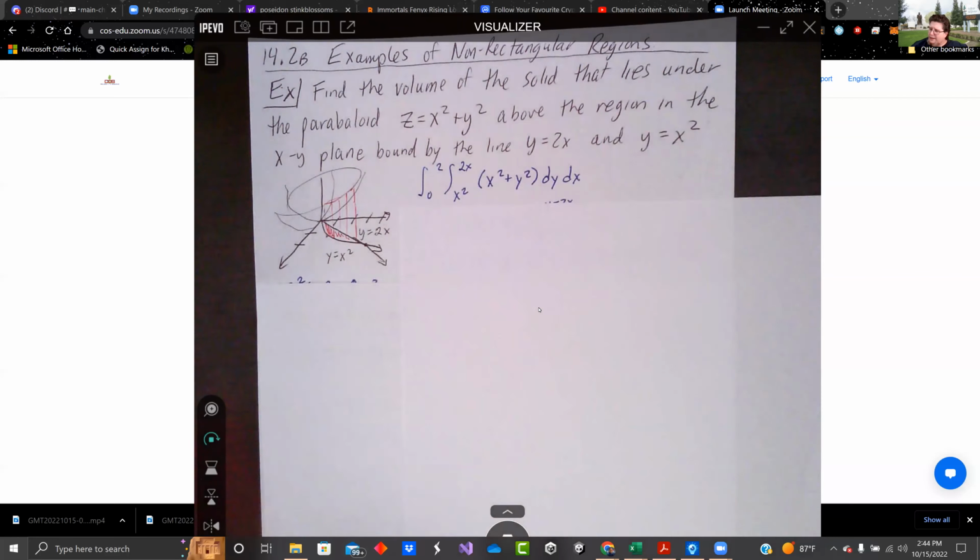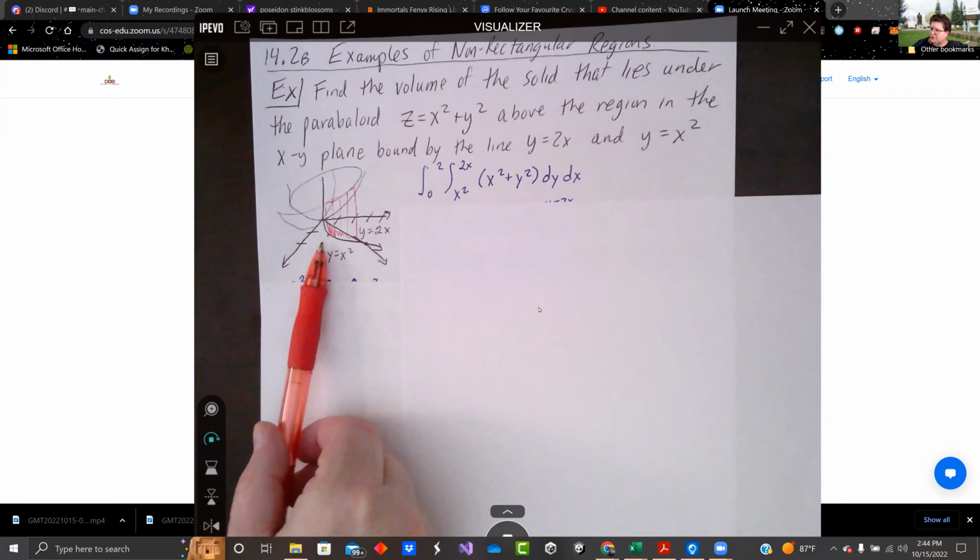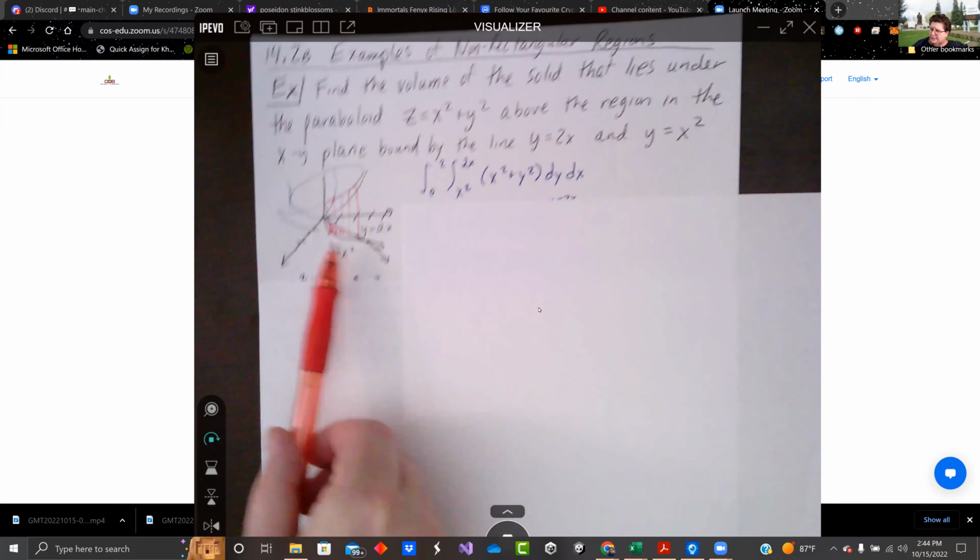If we set it up where we integrate along dy first, we have 0 to 2 as our outer limit of integration, and x squared to 2x. Because we're doing dy, x squared comes first, then the 2x.